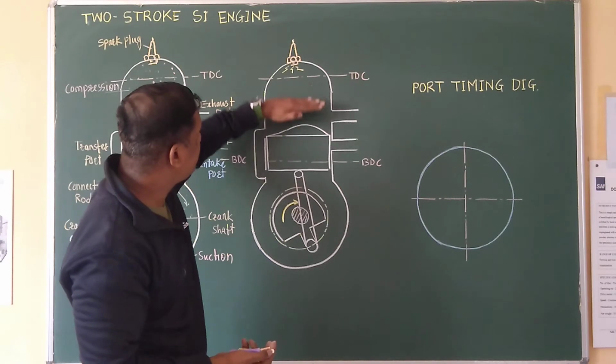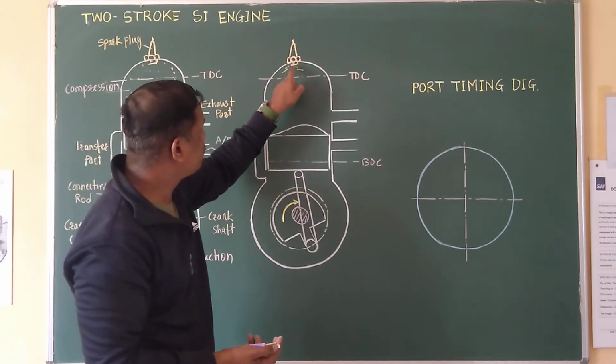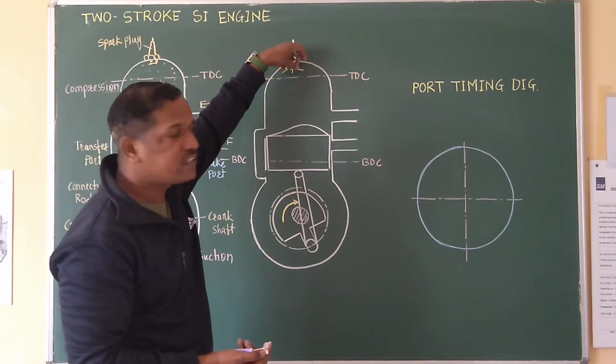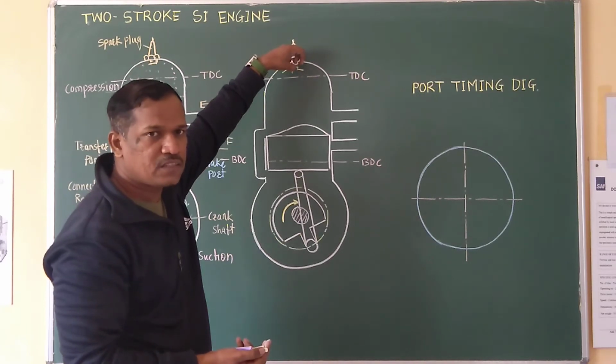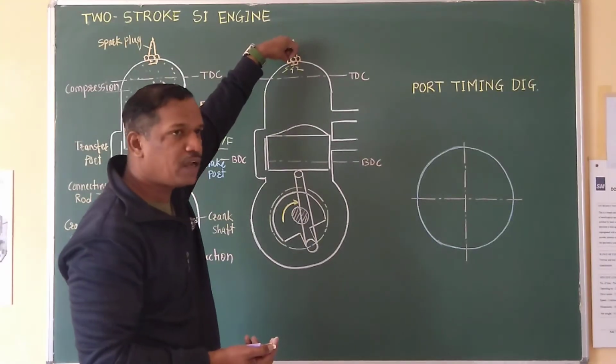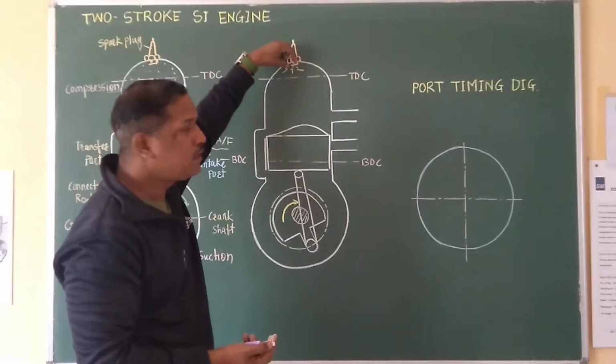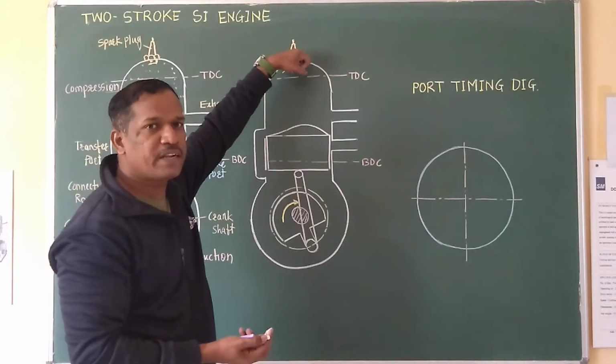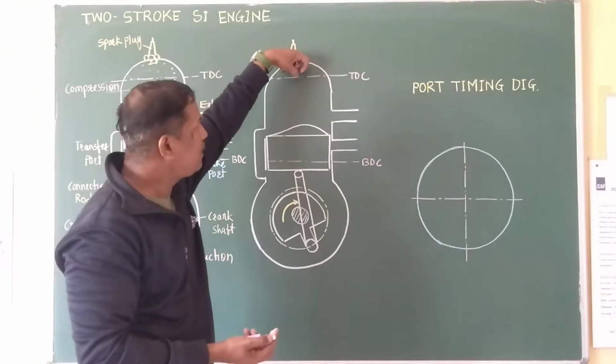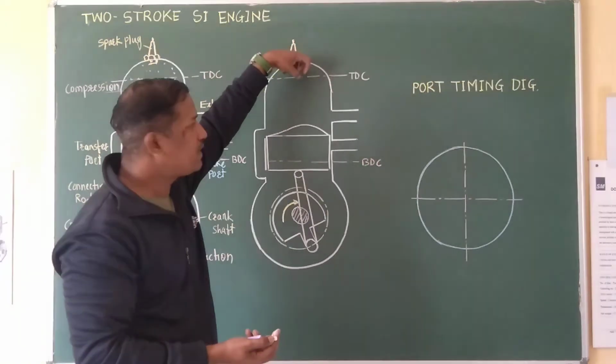Now in this, as I said, at the end of the compression stroke, the piston is at TDC, and this is, suppose, bottom dead center.